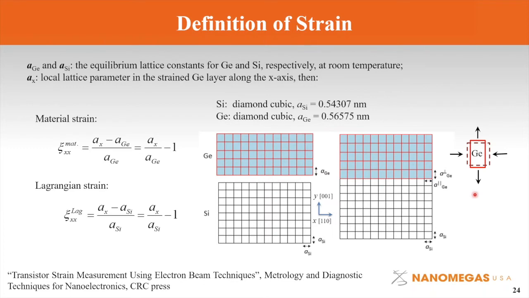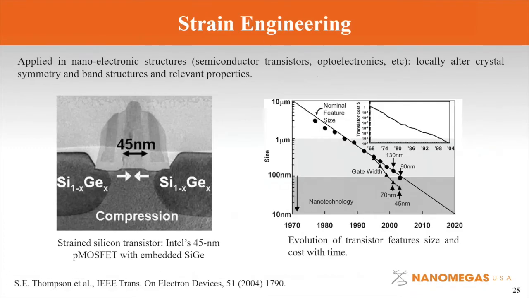Now, strains like this are important to characterize because there has been strain engineering since the early 2000s for the sub 130 nanometer technologies. Strain engineering has been used for nanoelectronic structures to locally alter the crystal symmetry and band structure to achieve the desired electronic properties.